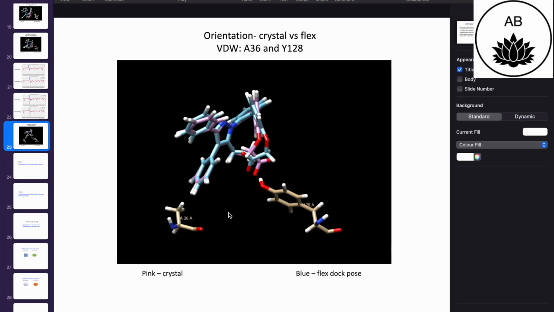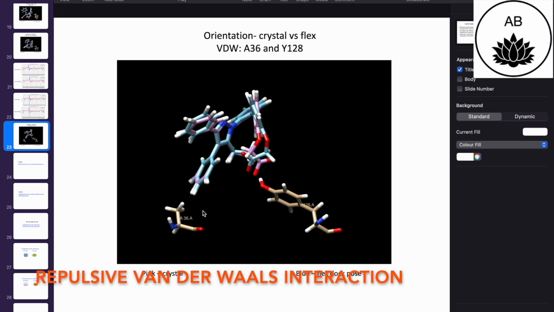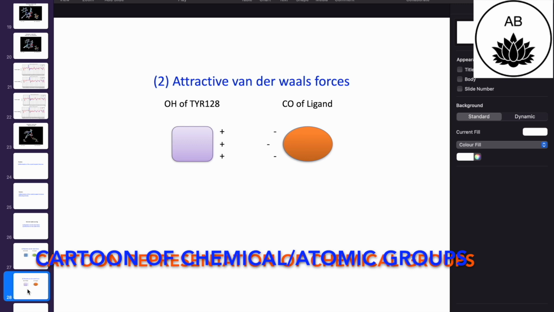This is what I'm talking about. Just follow my cursor. So the CH3 of ALA 36 and the CH of the ligand would have repulsive van der Waals forces. An example of attractive van der Waals forces is the hydroxyl of tyrosine 128 and the CO of the ligand.